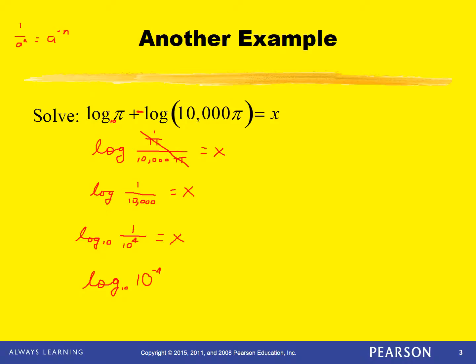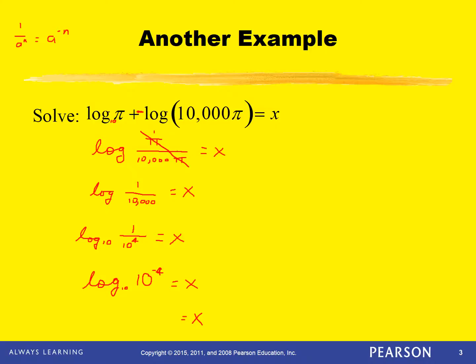Equals x. Now there's a property of logarithms. Hopefully we're getting used to these things enough to say, well, the power that you raise 10 to in order to get 10 to the minus 4 has to be negative 4.